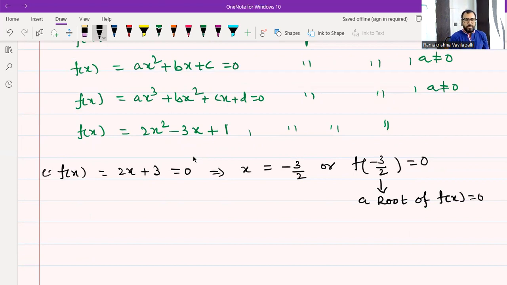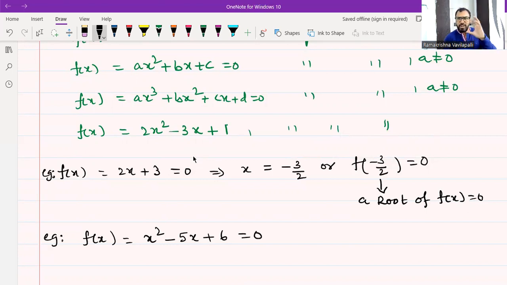I'll take another example. You take f of x equal to, for example, x squared minus 5x plus 6 equal to 0. It is an equation, right? It is a quadratic equation. Now, what are the roots of this quadratic equation? Well, for this, we need to factorize this.